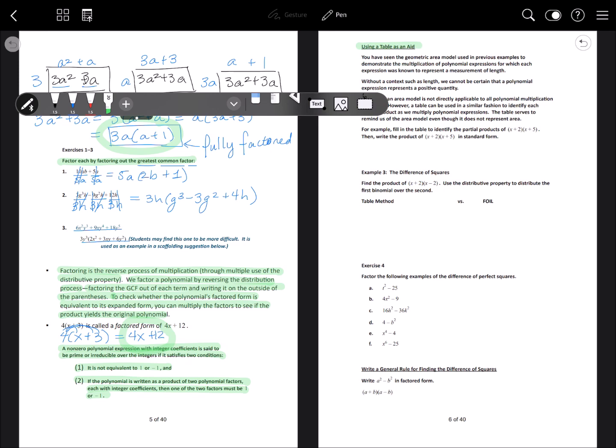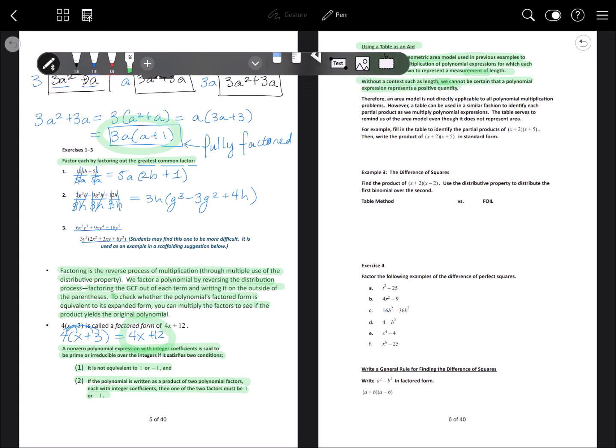We can factor more of these using a table as a support. You have seen a geometric area model used in previous examples to demonstrate the multiplication of polynomial expressions, when each was known to be a measurement of length. In other words, something we could draw as a rectangle. But without length, we cannot be certain that a polynomial expression is positive.